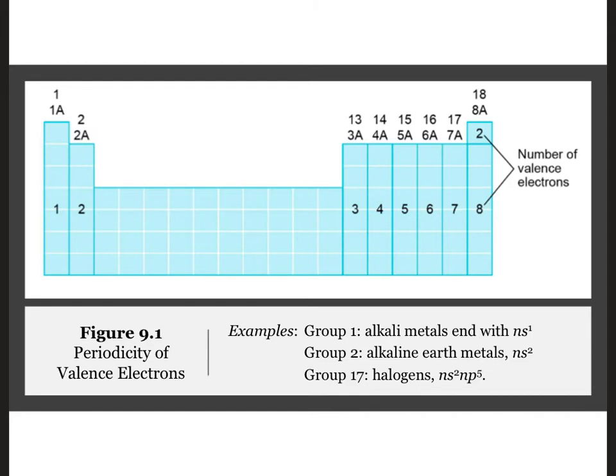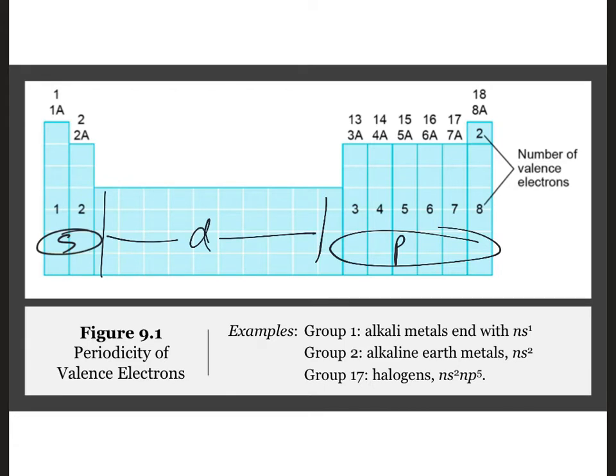We can look at the periodic table and label it by subshells: s, p, d, and the f block, which is not shown here. We can take it one step further and label each column or group with the expected valence electron configuration.